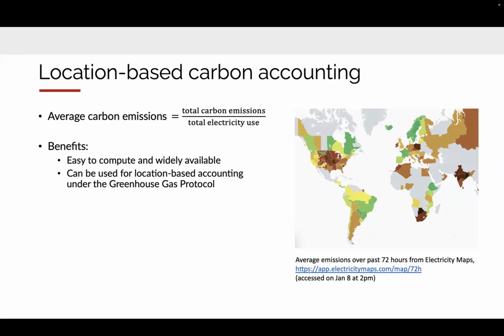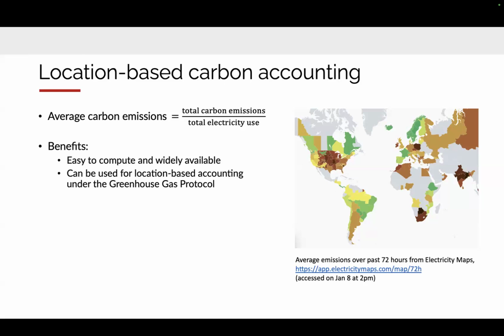For example, this is a map taken from Electricity Maps that shows carbon intensity across a range of different regions. This is from January 8th this year. And this average carbon emissions is also acknowledged as a way of doing accounting under the greenhouse gas protocol. So that is where we start.